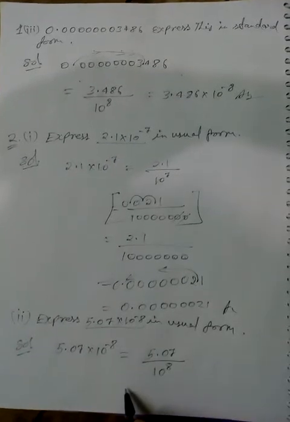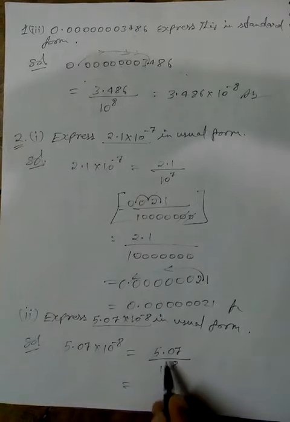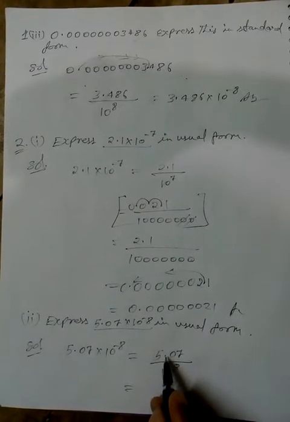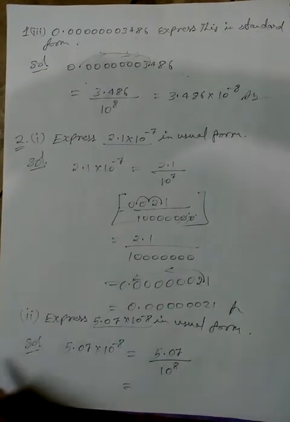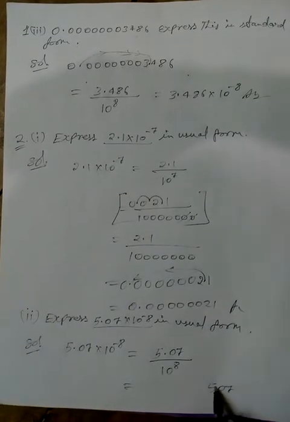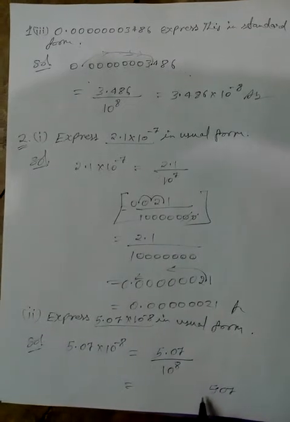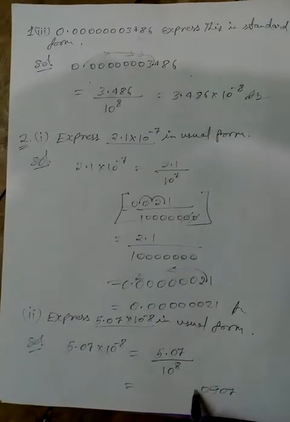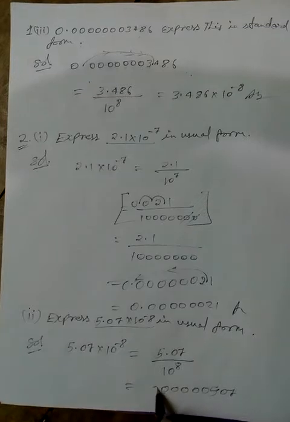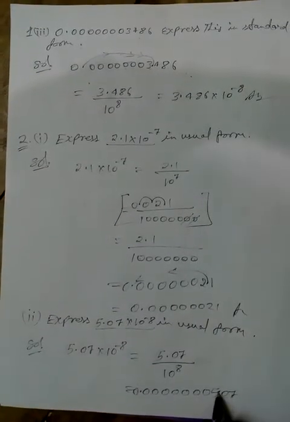Now the decimal place of 5.07 is transferred to the left side after 8 digits. From here I'm going to shift it to the 8th place towards the left: 1, 2, 3, 4, 5, 6, 7, 8 place.